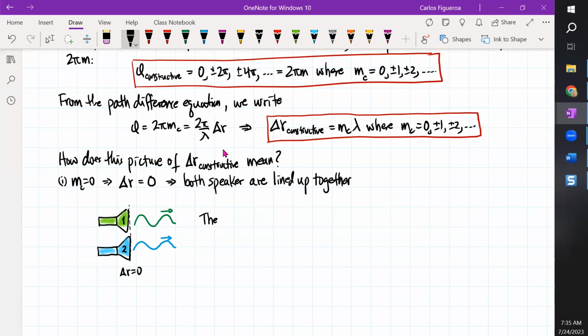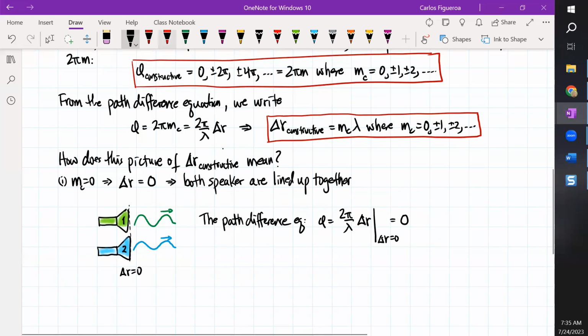So the path difference equation implies that the phase should be 2 pi over lambda times delta R, but clearly in this case delta R is equal to 0, so I get 0. This immediately tells me that these waves are in phase.